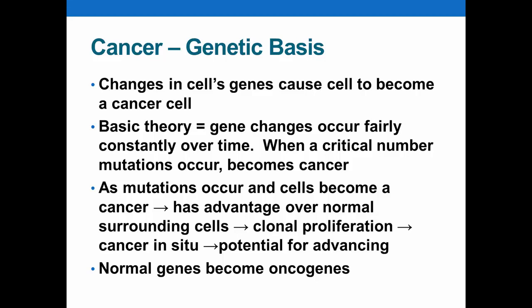Because they have advantages over normal surrounding cells, they are able then to proliferate, and that's that clonal proliferation. They're making lots and lots and lots of copies. And then initially maybe a cancer in situ with then the potential for advancing. So what happens then is normal genes can then become oncogenes. So let's take a closer look at oncogenes.